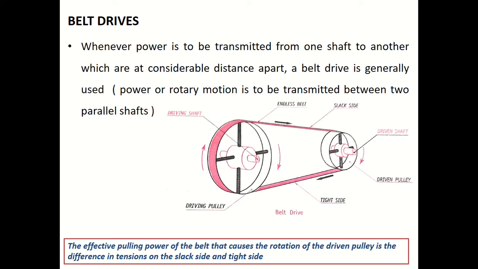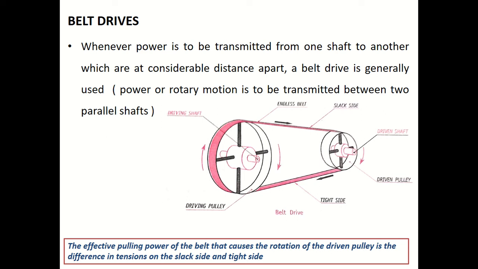Because of the frictional grip that exists between the belt and the pulley surface. Because of this frictional grip, the power is transmitted. In many general engineering practices friction is undesired, but in belt drives it serves as a helpful agent.